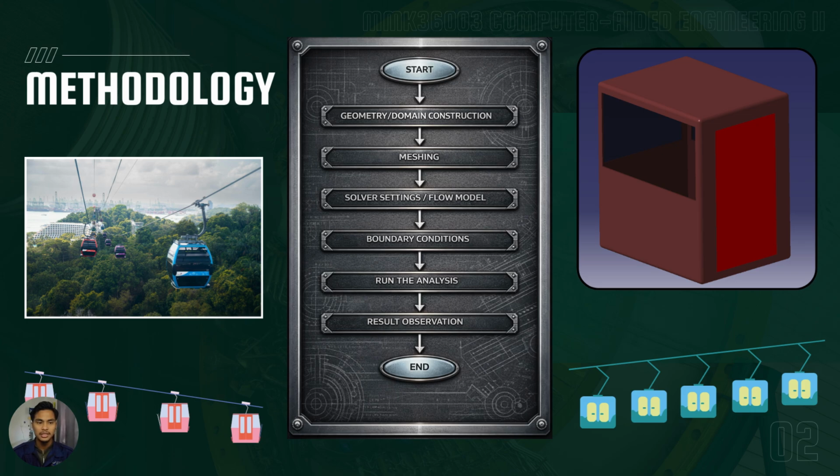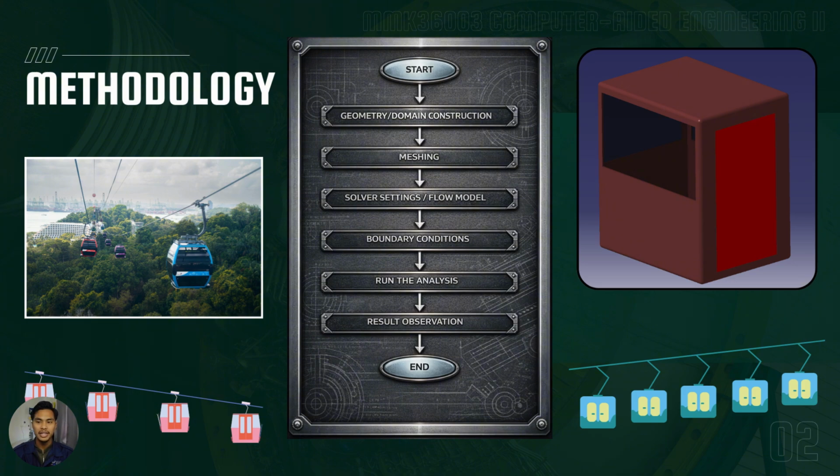Next, this is my methodology of project simulations. As you can see, this is my flowchart for this project. The first step is geometry construction. We build a digital 3D model of the cable car and the surrounding air domain to represent the physical environment for the simulation. Next, meshing.